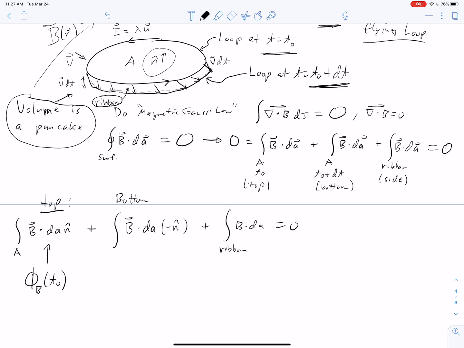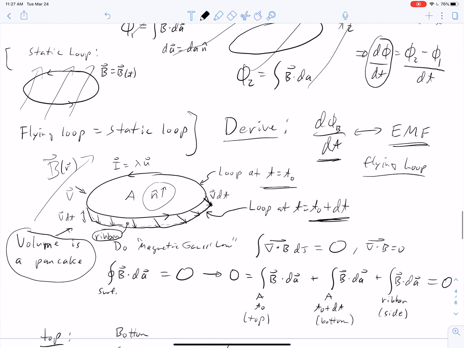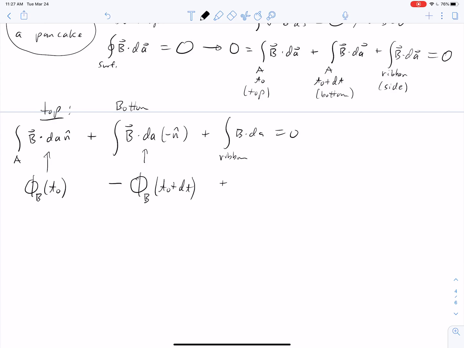And this integral here is minus, negative, my magnetic flux at t naught plus dt. And then this is just my flux of the ribbon. I'll just keep that one, the ribbon, B dot dA, equals 0.